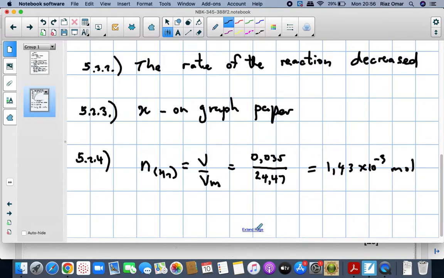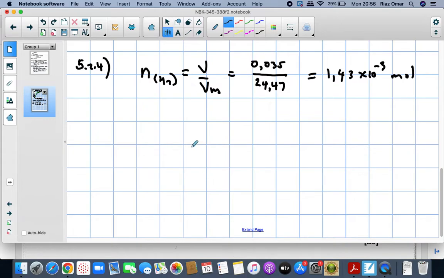Then if you look at the concentration, we can say the number of moles of HCl will give you twice the number of moles of hydrogen.